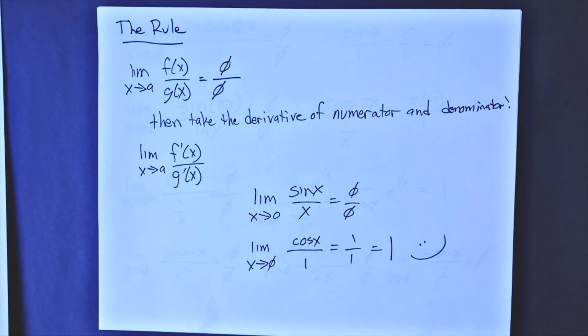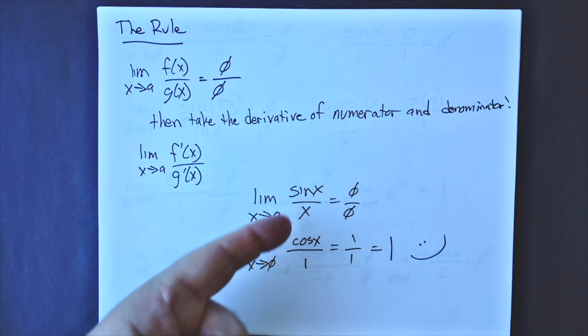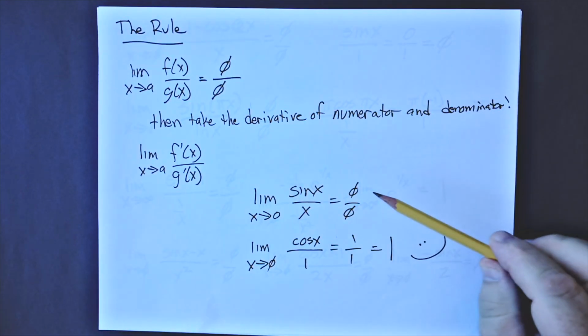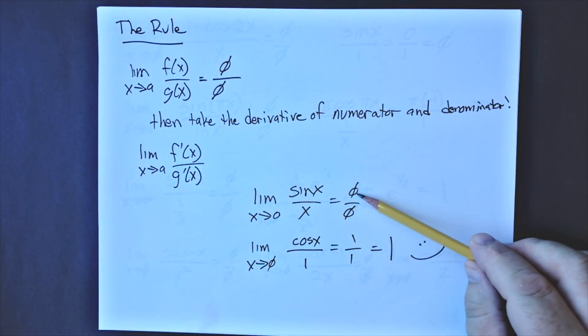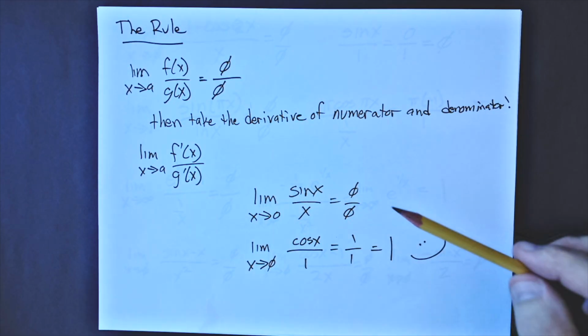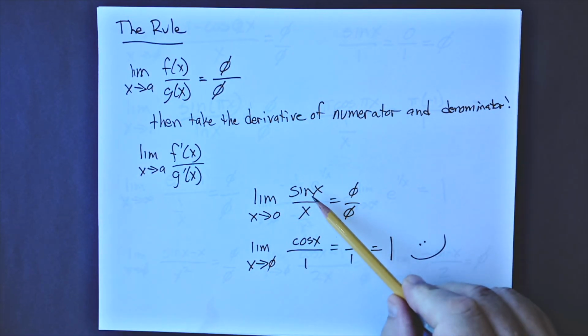So here's our classic example. What's the limit as x goes to 0 of sine x over x? You remember that from when we were very first doing limits. We already know the answer is 1, but let's just check it. When I insert 0 into the equation, notice I get that 0 over 0, which is the classic indeterminate form. So using L'Hôpital's rule, I'm going to take the derivative of the numerator.